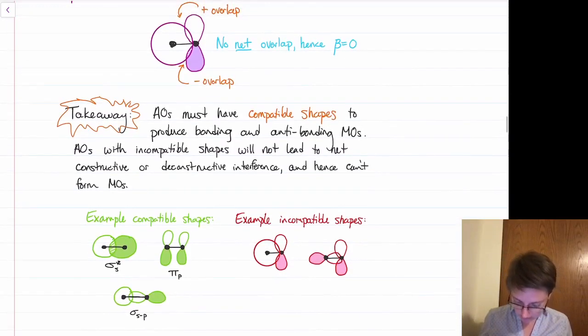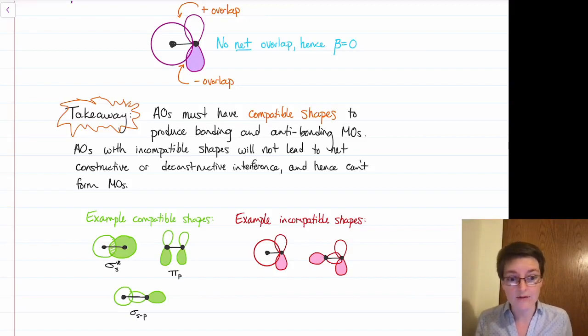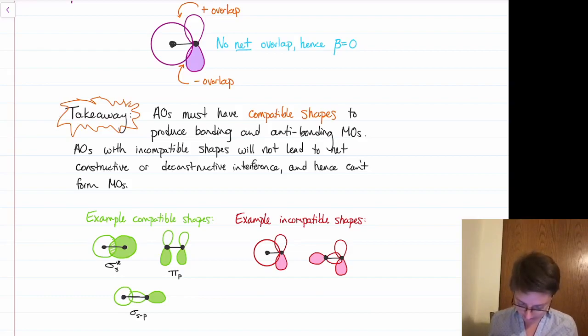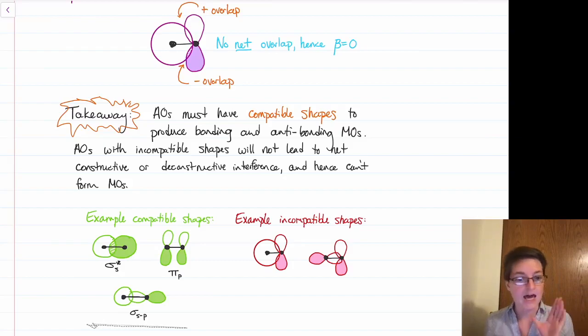Compatible shapes could also include new combinations that we haven't seen so far in lecture. And one that I want to highlight, because it'll become relevant for us pretty soon, is this overlap of an s orbital and a pz orbital to form a new type of sigma MO. In fact, this would be like an sp mix of a sigma orbital.